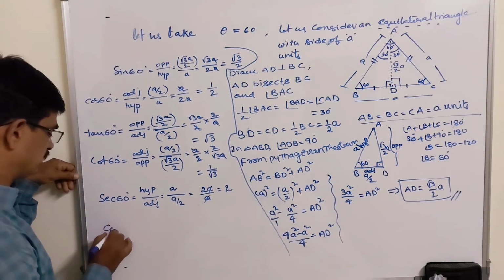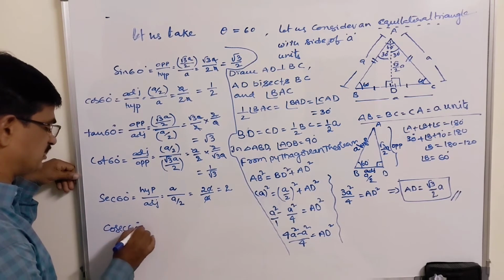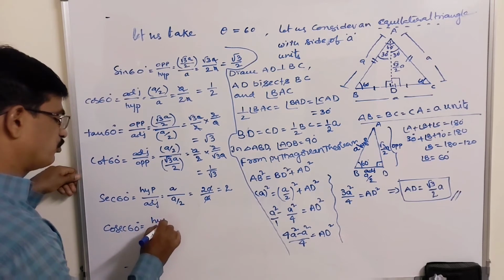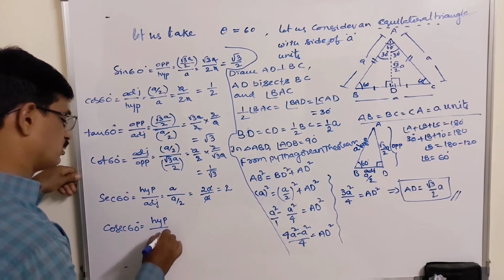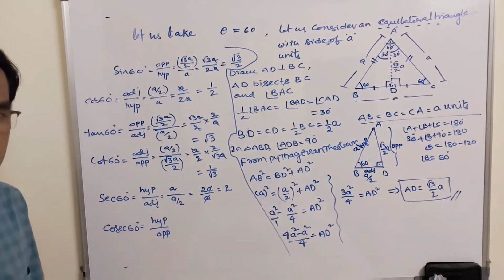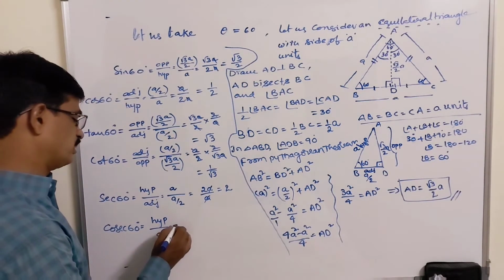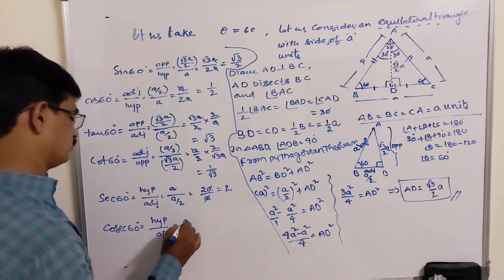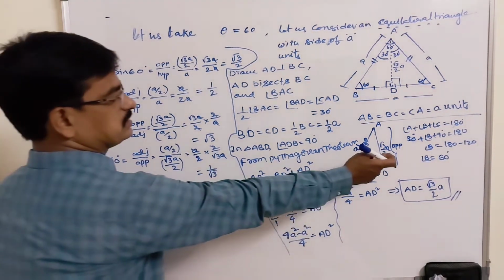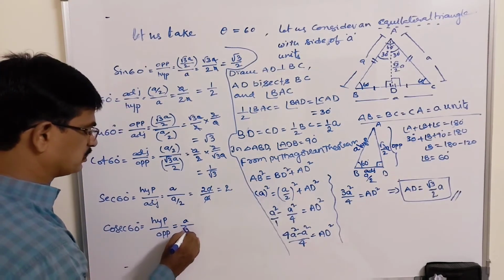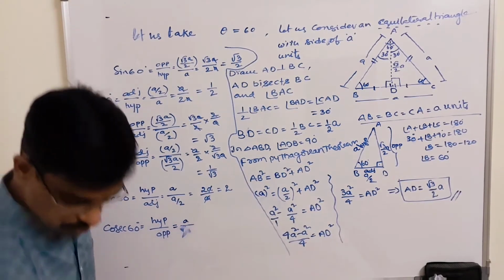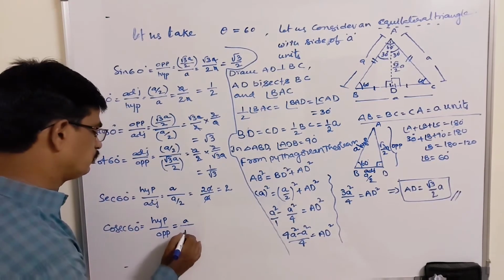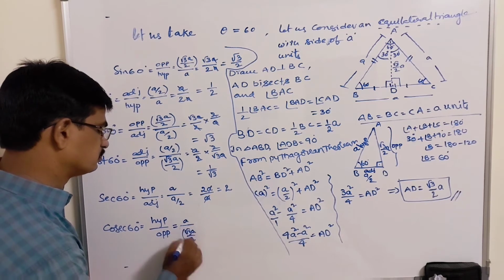Then finally here cosecant 60 is equal to hypotenuse by opposite side. So hypotenuse here a by opposite side is root 3a by 2.